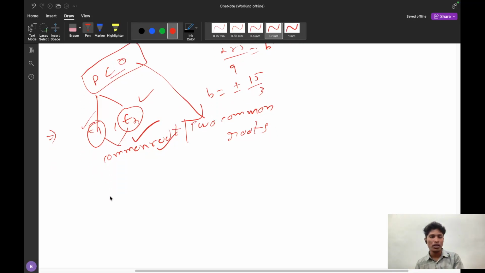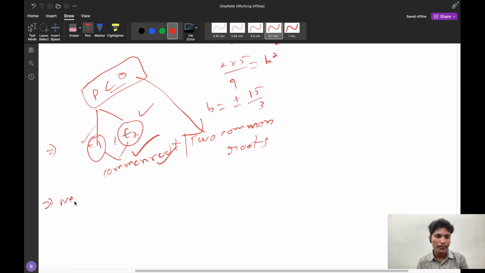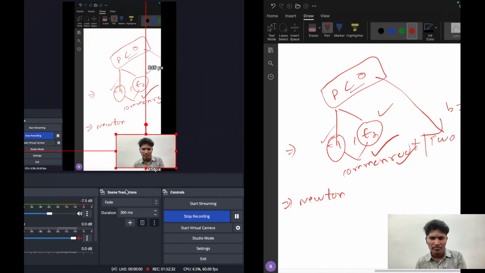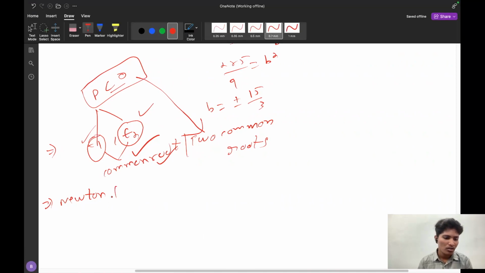Now, another important thing, that is Newton formula. Newton formula, guys, is also one of the most important concepts. Suppose there is an equation ax square plus bx plus c is equal to 0.